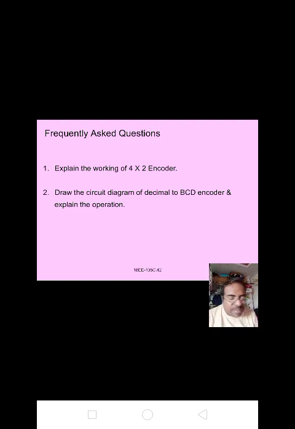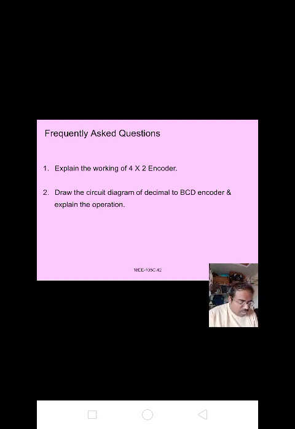Now once again, repeating the encoders. An encoder is a combinational logic circuit that accepts an active level on one of its inputs, which represents a digit such as decimal, octal, hexadecimal, etc., and converts it to a coded output such as binary or BCD.